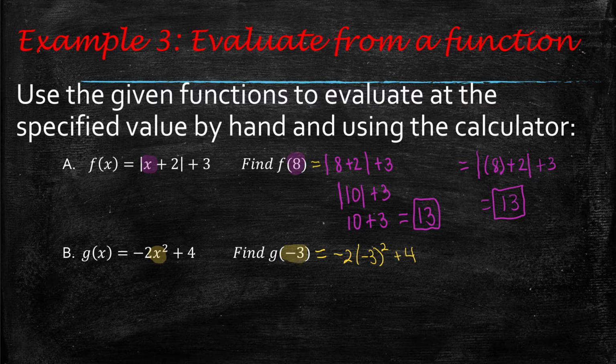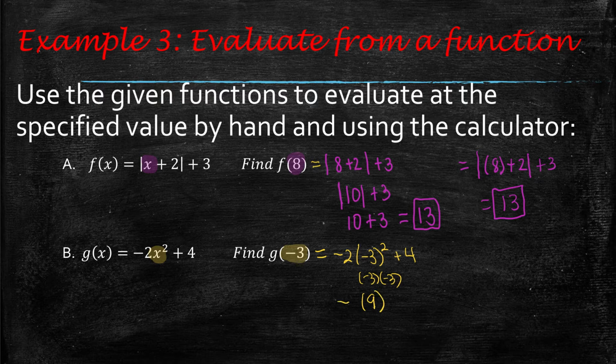Now remember your order of operations: you need to do your exponents first. Negative 3 squared is the same thing as negative 3 times negative 3. A negative times a negative is a positive, so anytime you square something, it's always going to be positive. Negative 3 times negative 3 is positive 9.